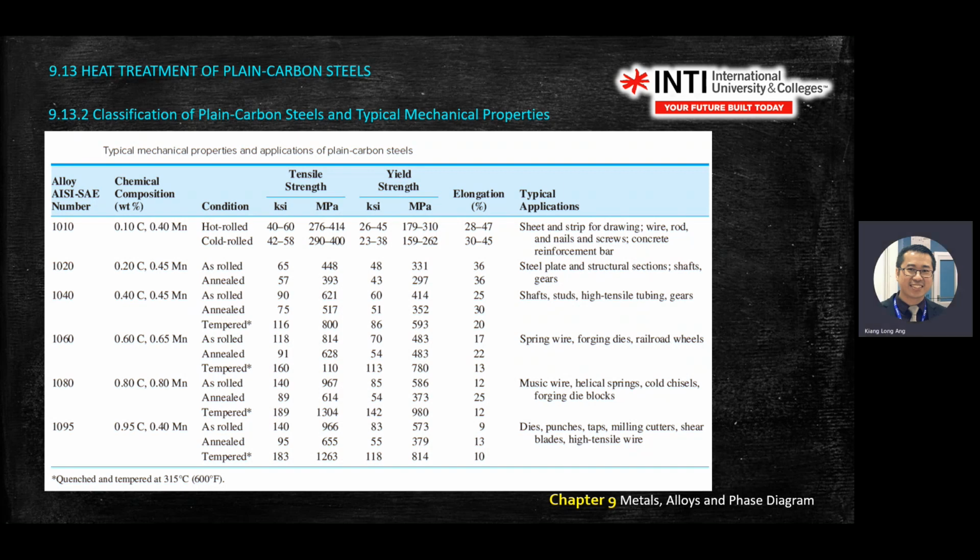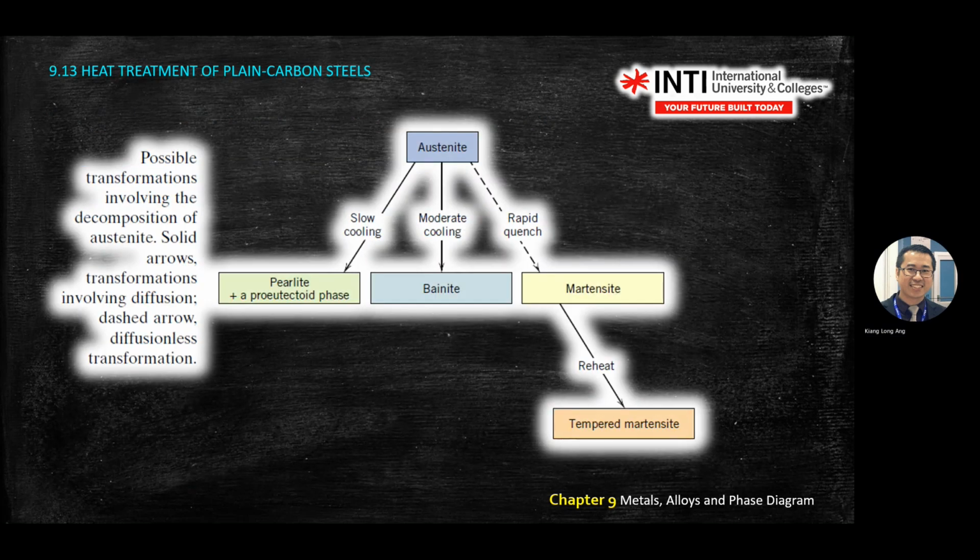Okay, so the rest is quite straightforward. This is a simplified diagram. Austenite is gamma.